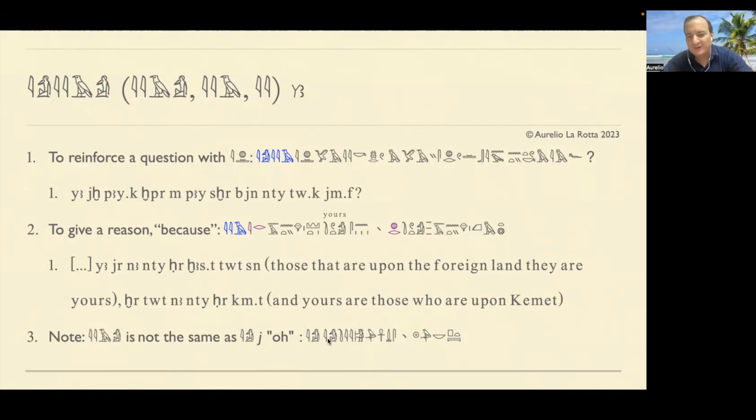So o sovereign, life, prosperity, health. Re, the Lord of the Sky. This is basically an old word that you'll already find in Middle Egyptian, just to address, for example, a deity, or it's almost like a vocative particle. That's different.